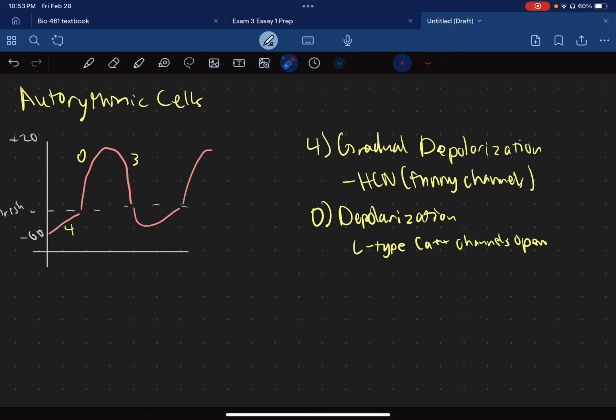That's also going to cause contraction of those cells. The reason that this peak here is more rounded out than before is because the calcium channels take longer to close. So they're starting to close, closing more, and because of that, it's going to have that rounded effect. And then our last phase here is going to be repolarization, obviously.